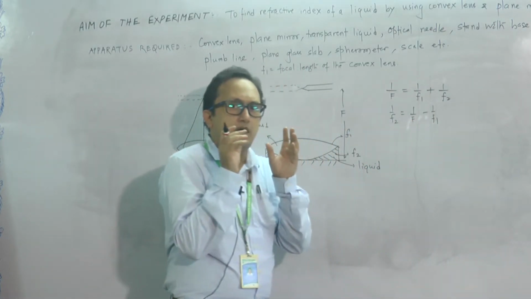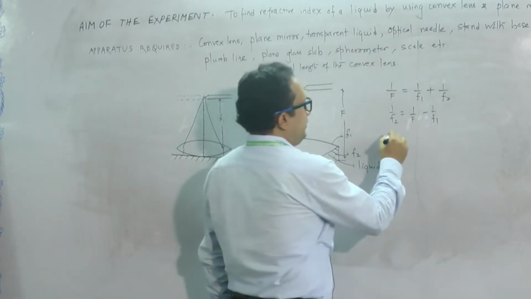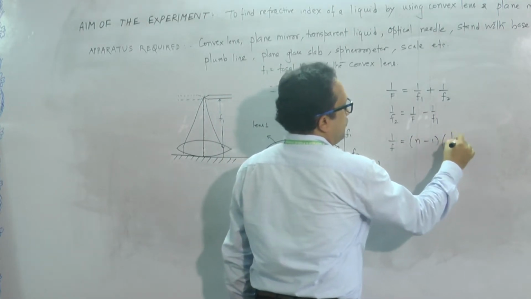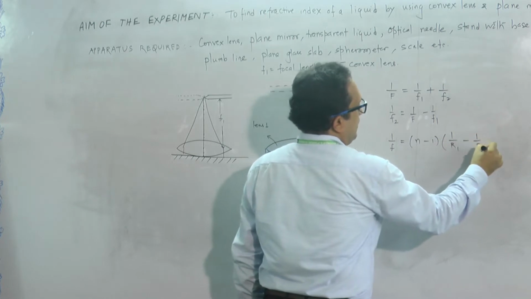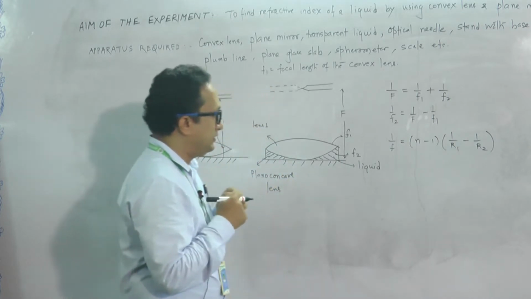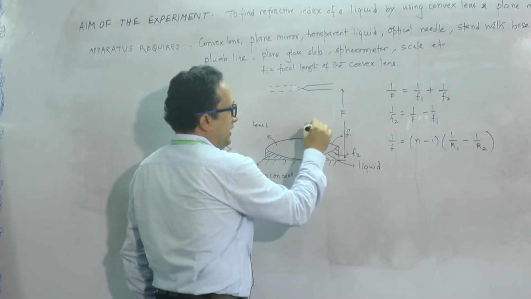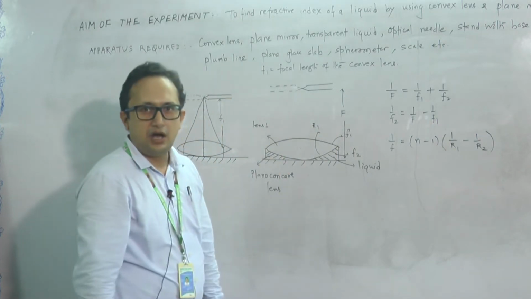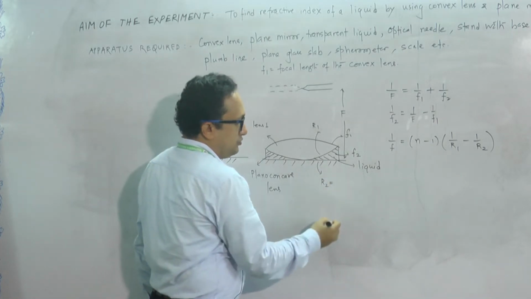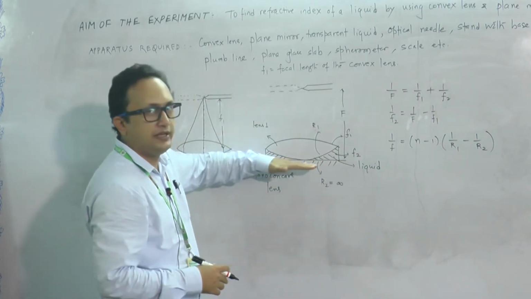Now all of us know about the lens maker's formula. If you remember, it says that 1/focal length is given by (n minus 1) into (1/r1 minus 1/r2). So if I take this particular plano-concave lens, suppose this side has a radius of curvature r1 and this side has radius of curvature r2, which is of course infinity, because this side is plane and there is no curvature.